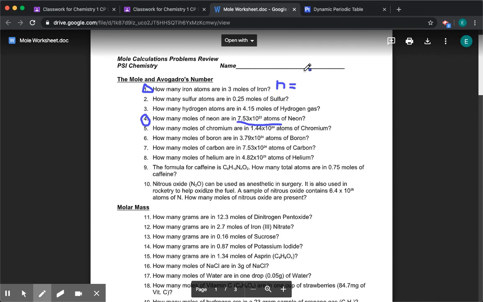We have the number of atoms now, 7.53 times 10 to the 23. And then divide that by how many are in 1 mole, which is Avogadro's number, which is Na, which is 6.02 times 10 to the 23.